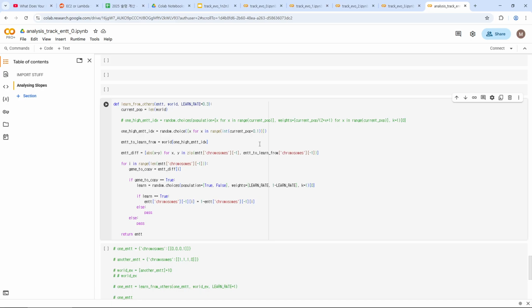So wherever there is a 1 or true, it will try to decide whether to imitate or not, given this rate. So right now it's a 30% chance of succeeding in copying it, or a 70% chance of not copying it.